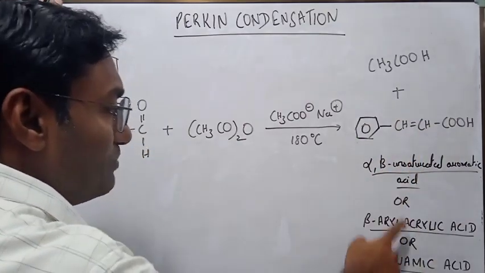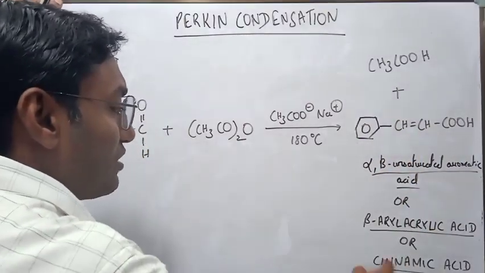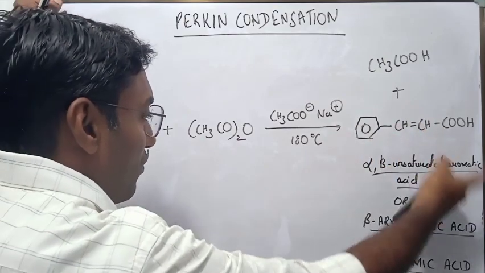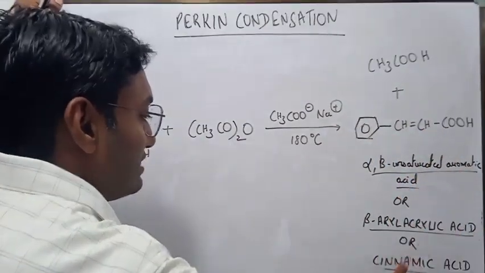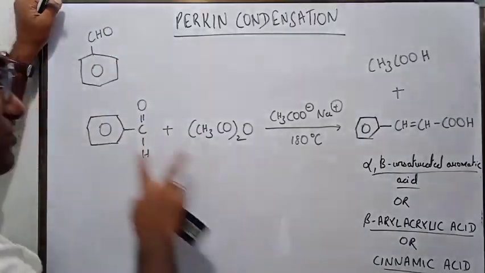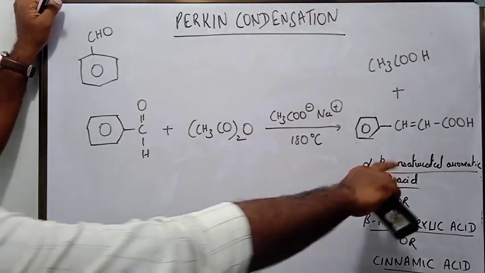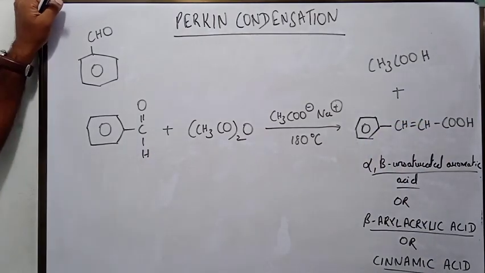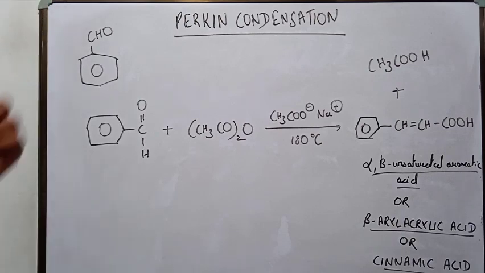It is also called beta aryl acrylic acid, and the common name of the simplest one is cinnamic acid. If you use higher ones, you will get derivatives of cinnamic acid. So this is the reaction, dear students.